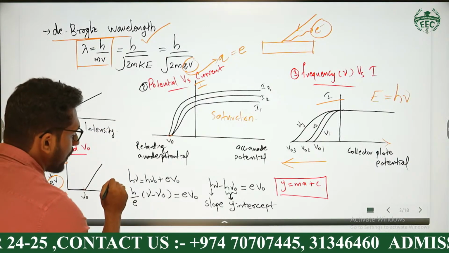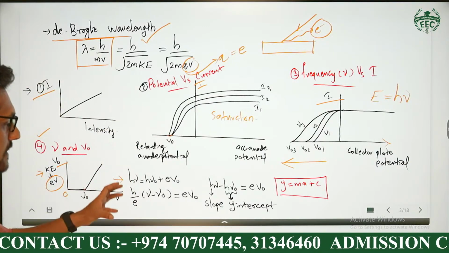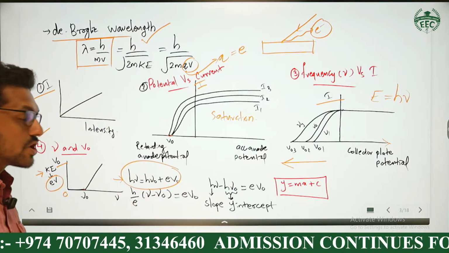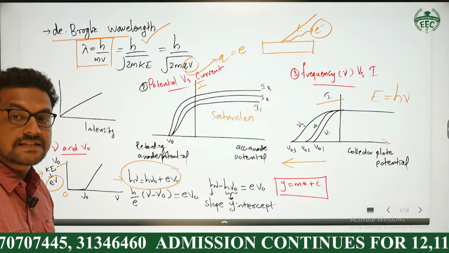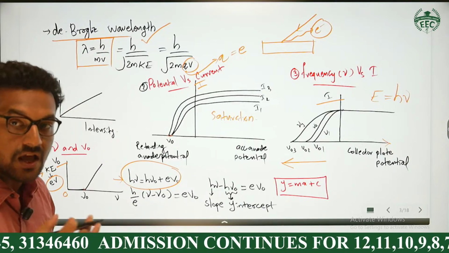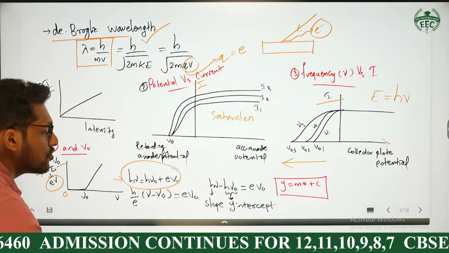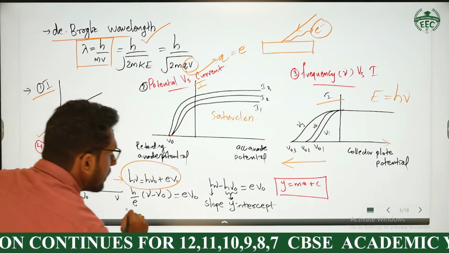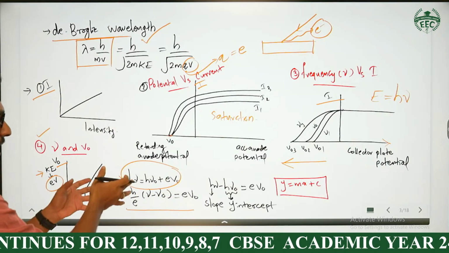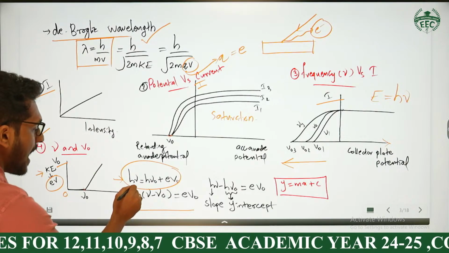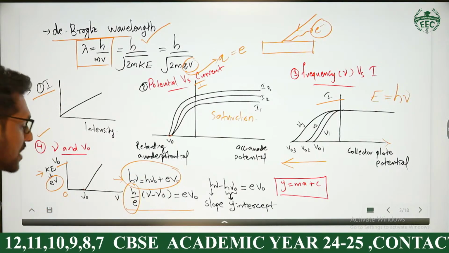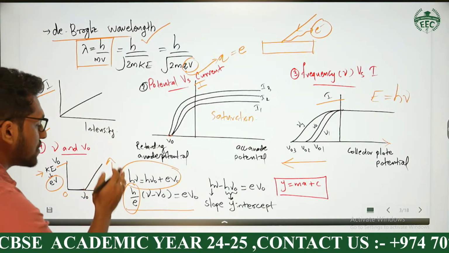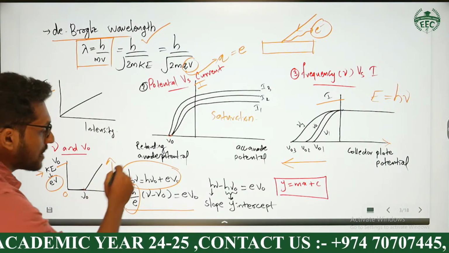From this you can find many things. This equation is important. You know what this equation is? It comes from Einstein's explanation of the photoelectric effect, that is h nu equals h nu0 plus eV0. From that you can rearrange the terms, and this h by e is the slope of this graph, right?